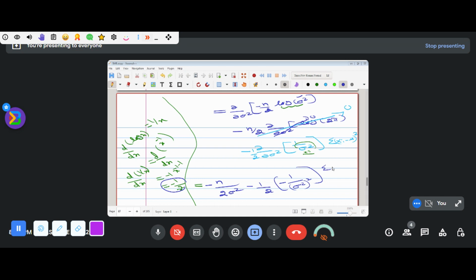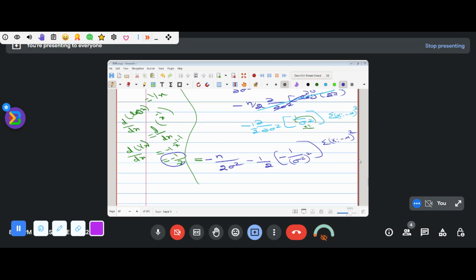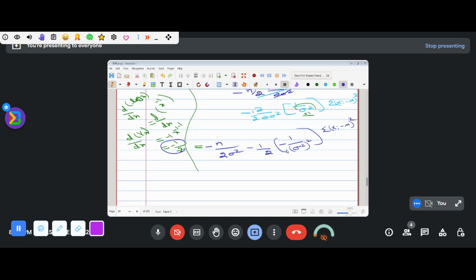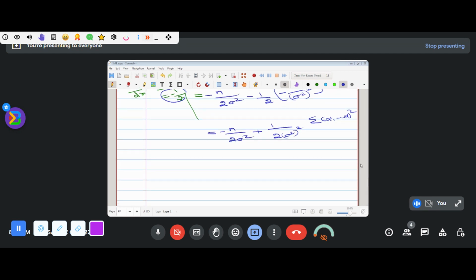Outside is the summation xi minus mu the whole square, which is independent of the derivative. Here minus into minus is plus, therefore minus n by 2 sigma square plus 1 by 2 sigma square whole square, summation xi minus mu the whole square.